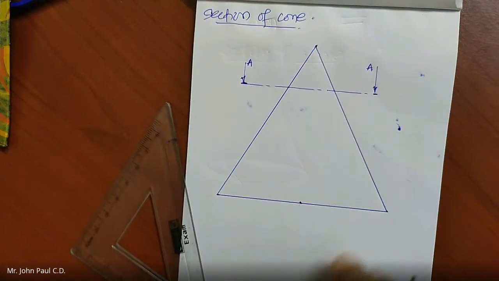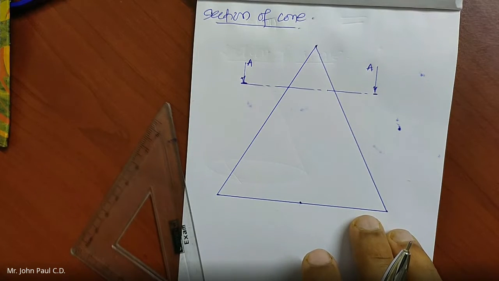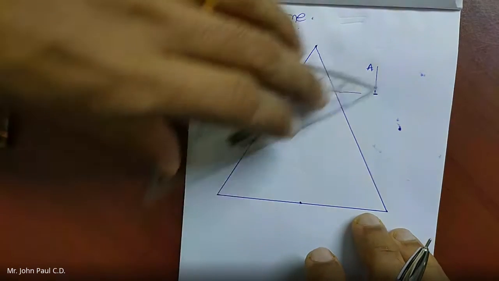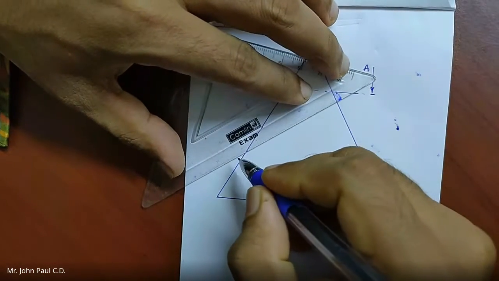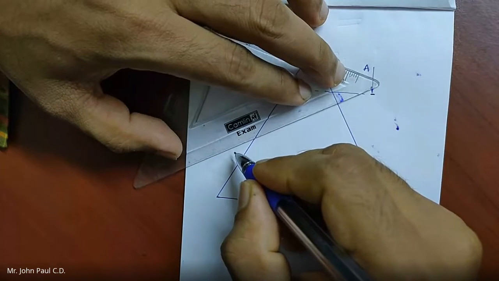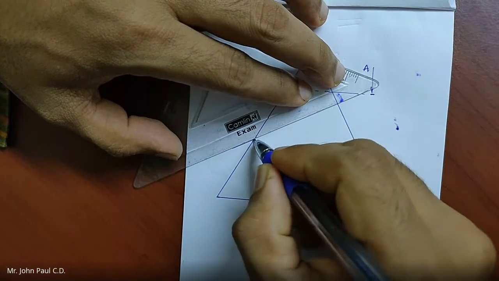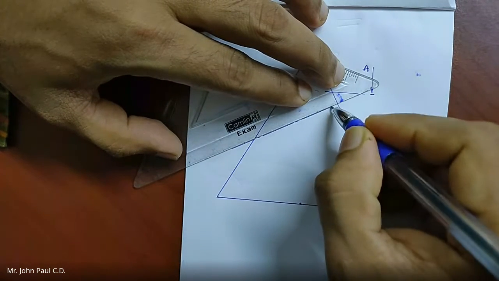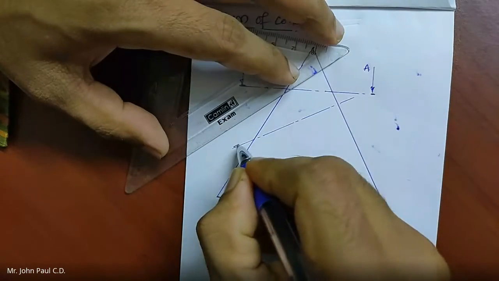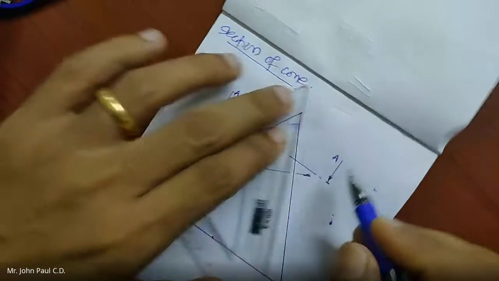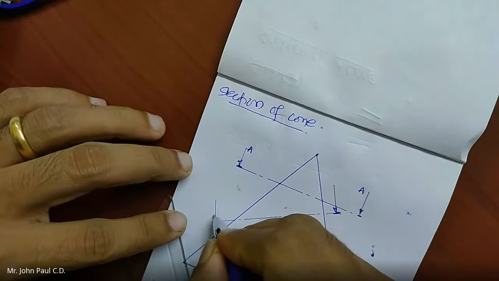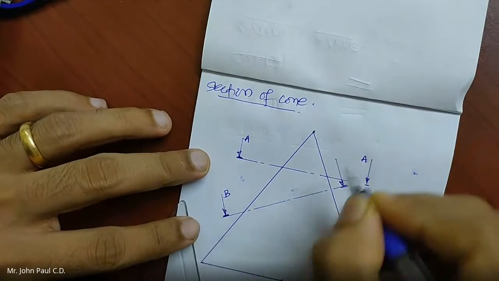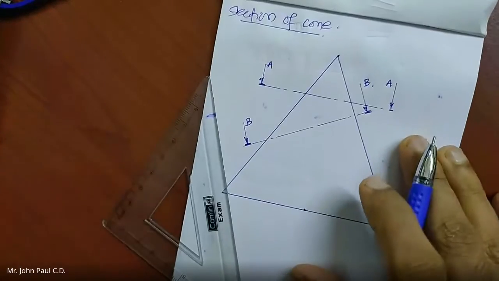Then next I'm going to draw another one which is inclined, let it be like this. If you have a different colour pen, you may use that to avoid confusion. So this is my BB.